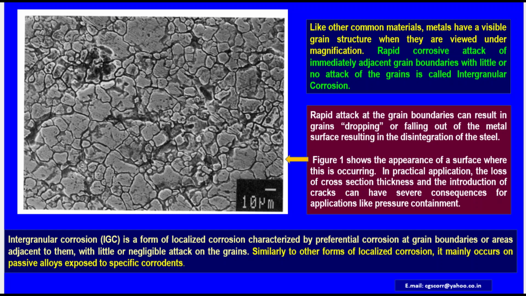Figure 1 on the left shows the appearance of a surface where intergranular attack is occurring on the grain boundaries. In practical application, the loss of cross-section thickness and the introduction of cracks can have severe consequences for applications like pressure containment.